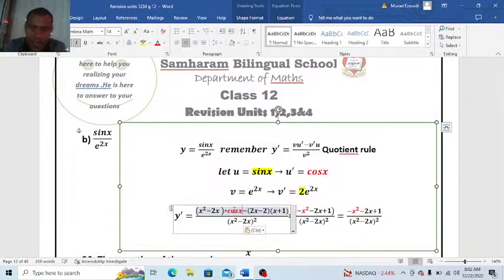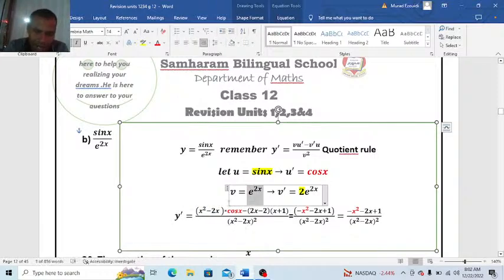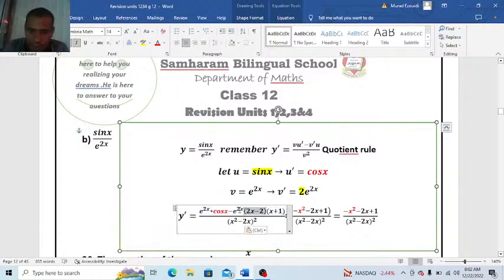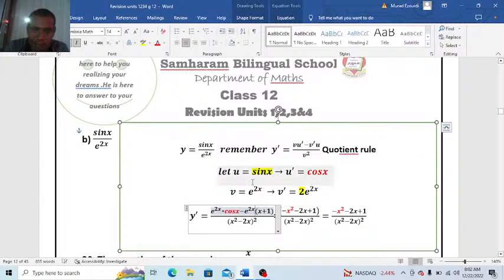Then minus the first derivative of exponential of 2x, which is 2 exponential of 2x, multiplied by sine of x.